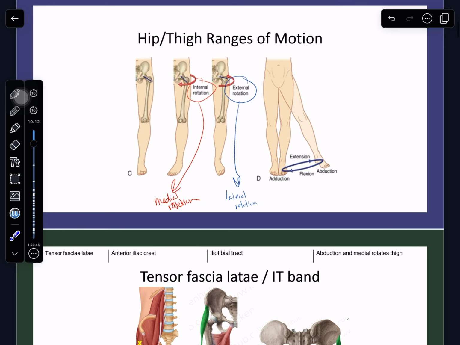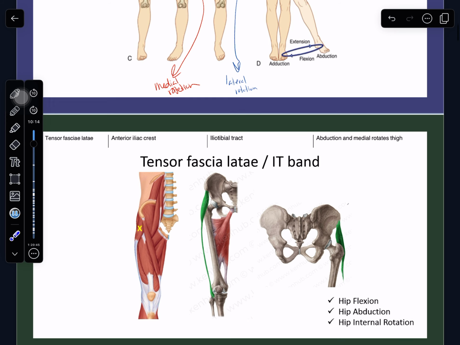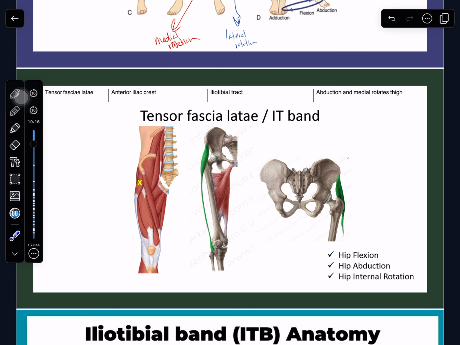Alright, so let's move right into the first of the muscles that we're going to discuss today. I do want to say that the majority of the muscles we'll be discussing are going to be on the posterior part of the thigh, right? That means they're all going to probably have very similar actions, just like we saw with the forearm, for example. The anterior compartment that we discussed, the PFPF muscles, right?